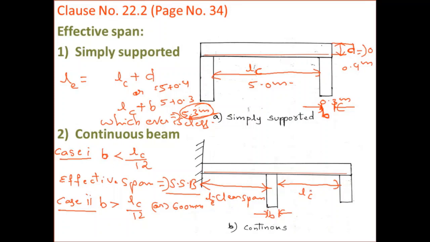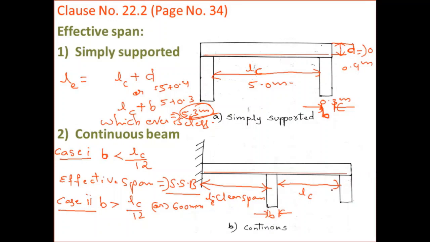Then if the condition is like this, that means one of the supports is continuous and another support is discontinuous, like this, that means after this there is no span.